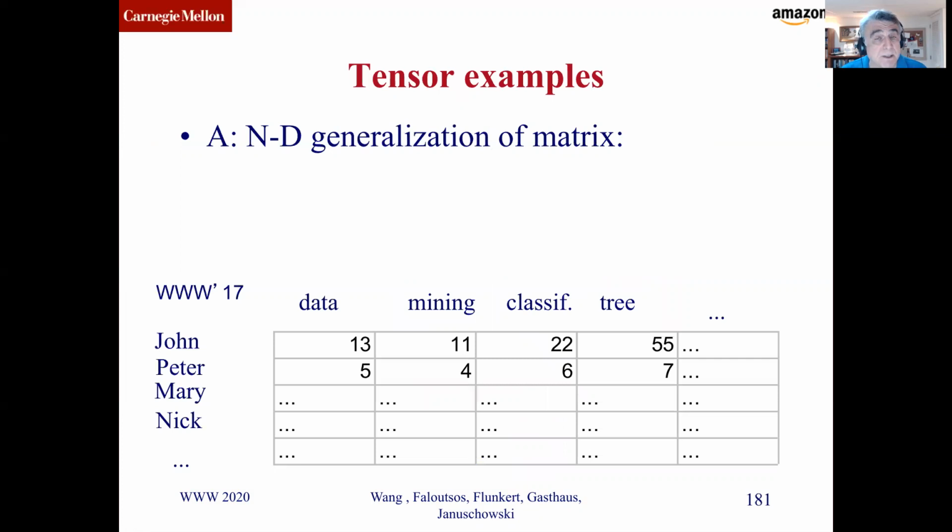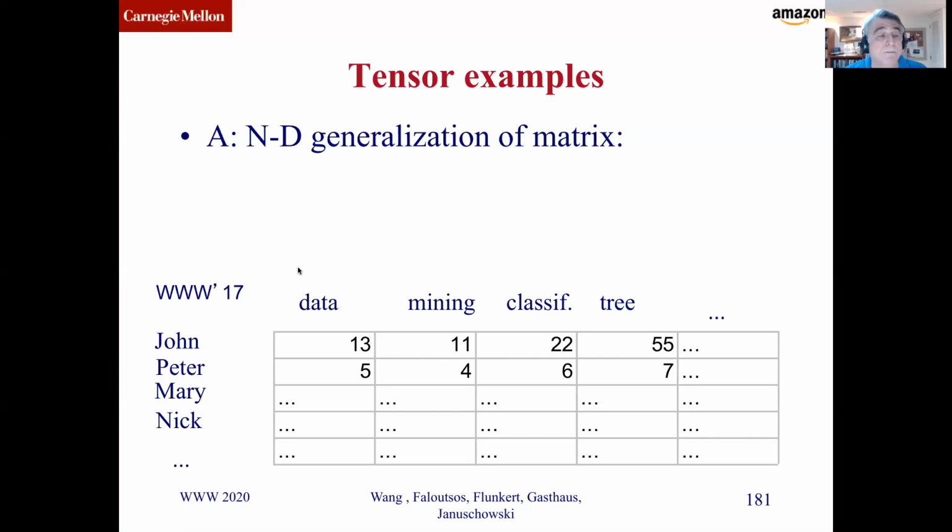Let's see some examples. A tensor is actually a generalization of a matrix. So suppose the rows are authors that published in WWW17, and the columns of this matrix are keywords, and the entry is how many times author John used the term data in his papers, right? How many times author Mary used the term data in her papers, and so on.